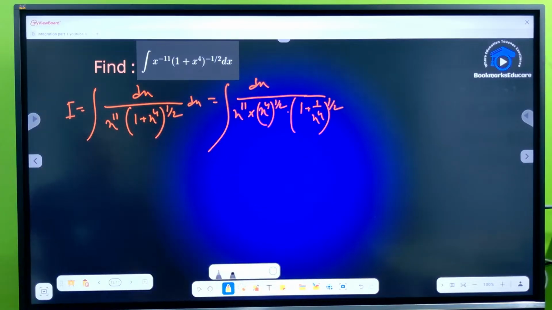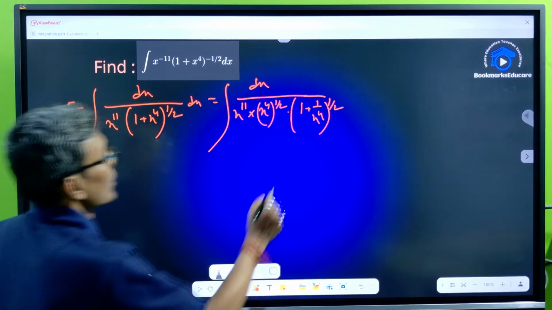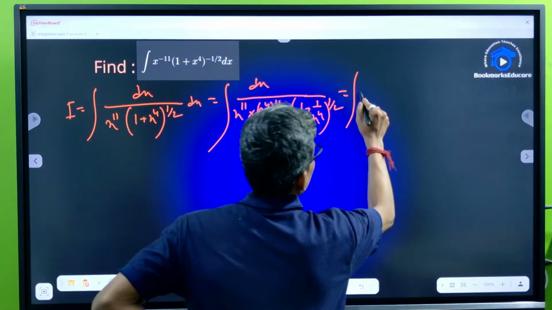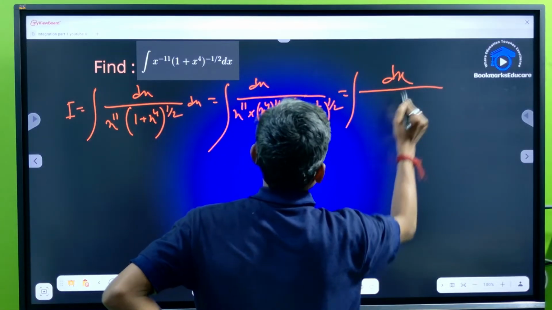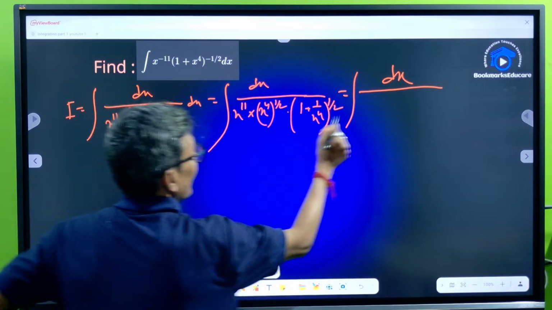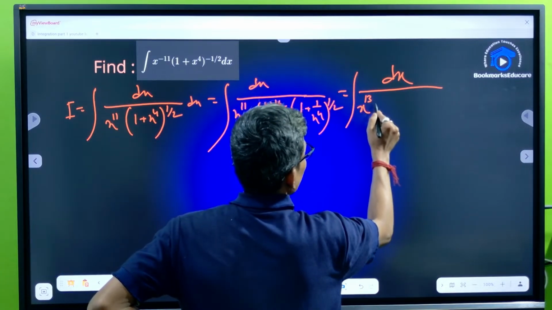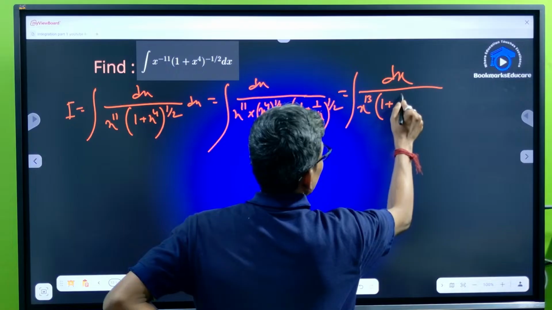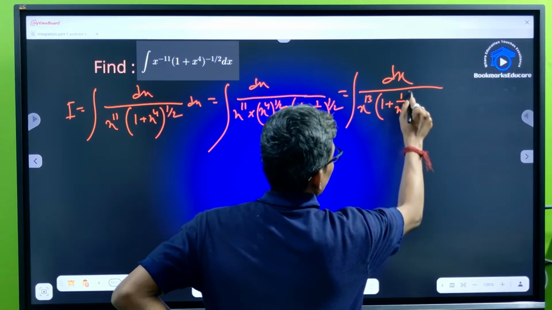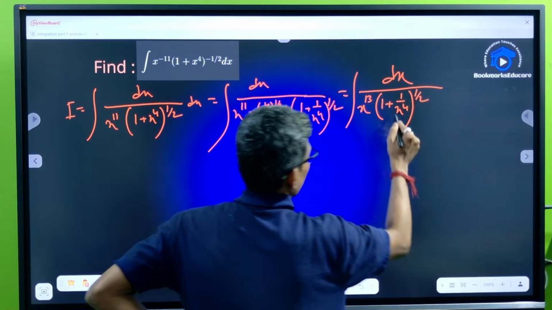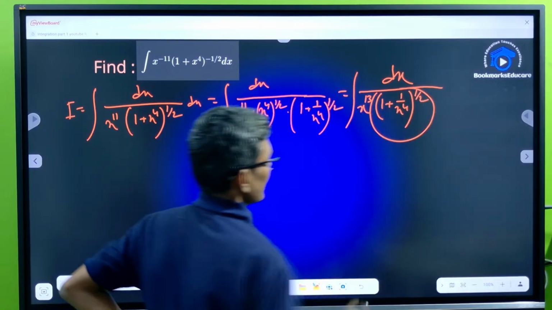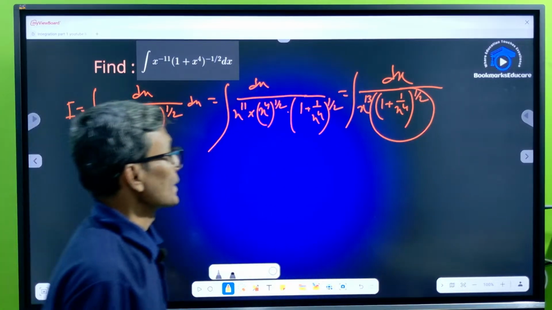Okay, so the integral of dx by x to the power 13 into 1 plus 1 by x to the power 4 whole to the power half. So this entire part is assumed as z.